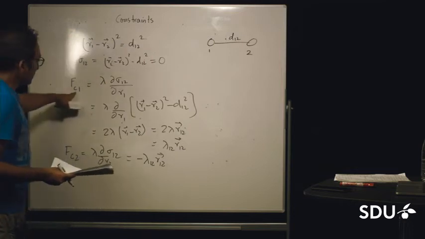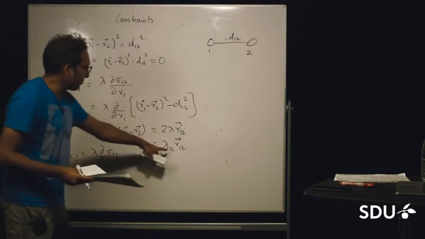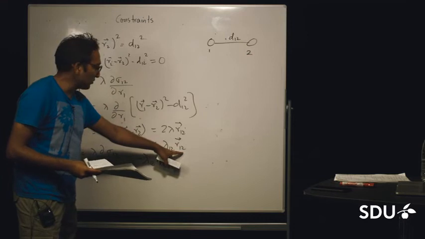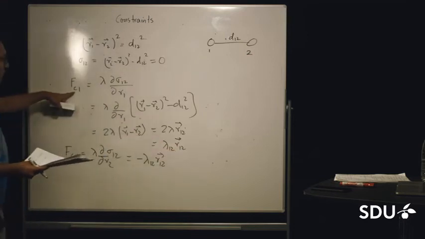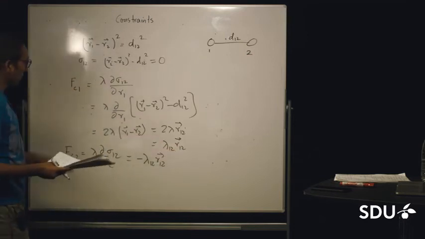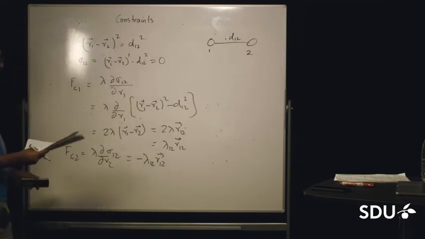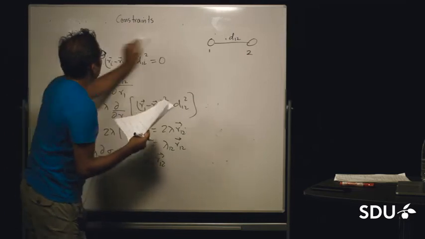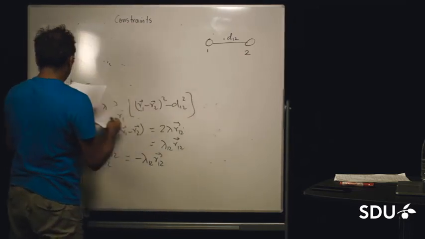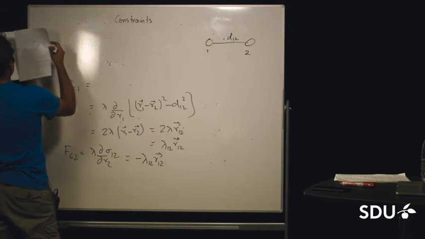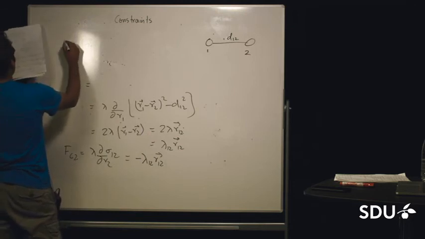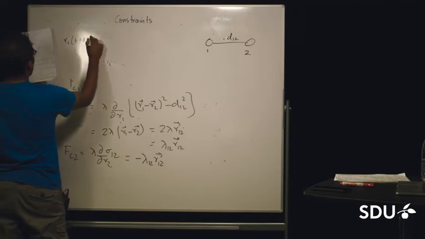Okay, so Fc1, which is equal to lambda 12 times the distance r12, is the constraint force on atom 1 from that constraint, and the negative of that is the constraint force on atom 2. I had written previously that the positions of atom 1 from the Verlet algorithm look something like this.